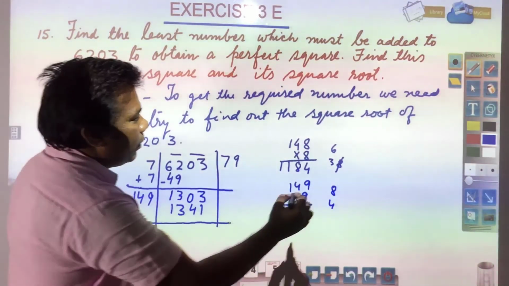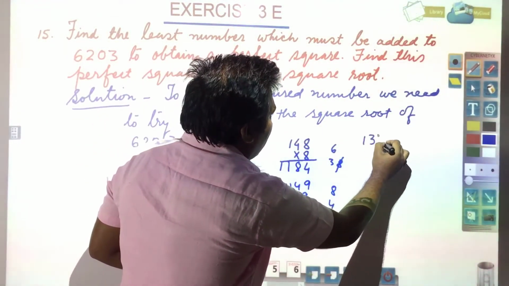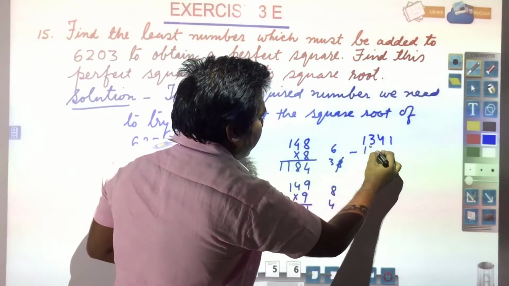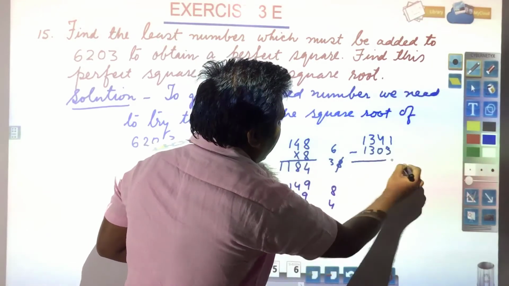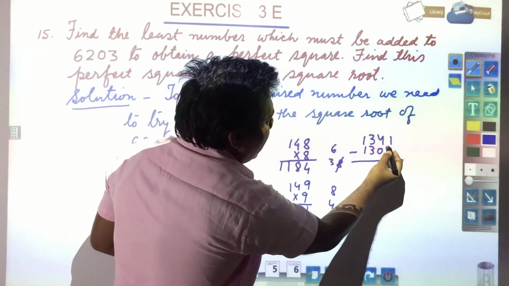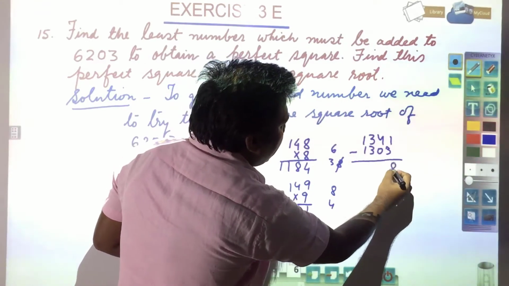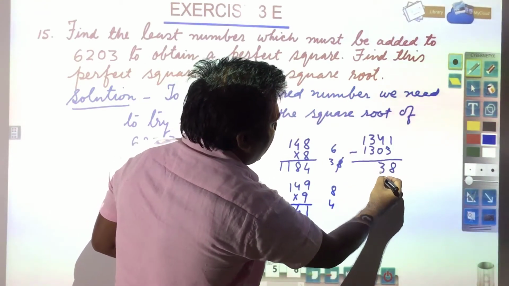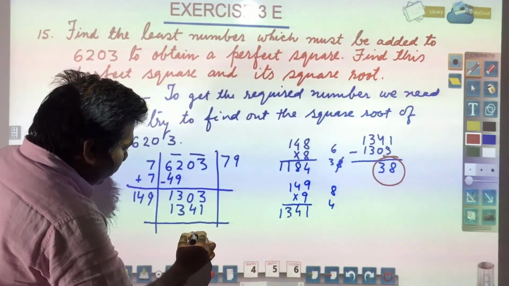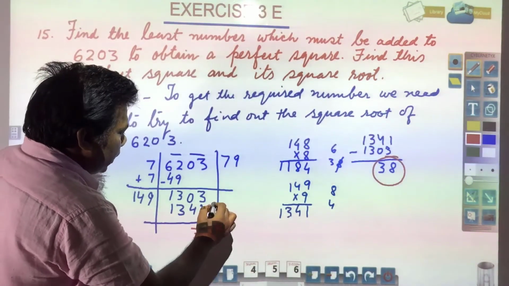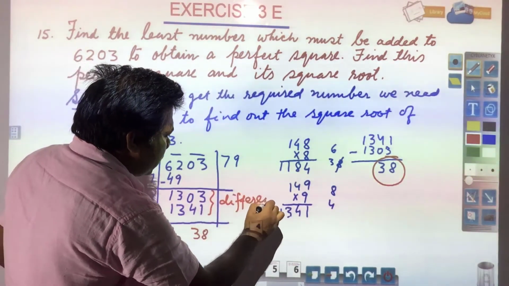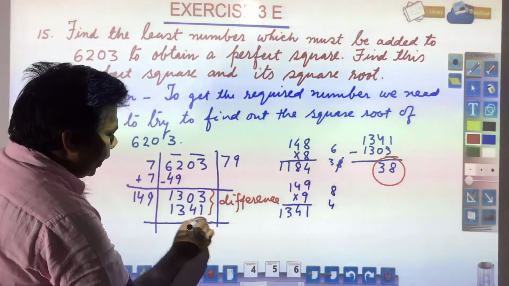So, 1341 minus 1303. What you will get? 11 minus 3, you will get 8, and here you will get 3. It means you have got 38. So, this difference of these both numbers, what you have got is 38.